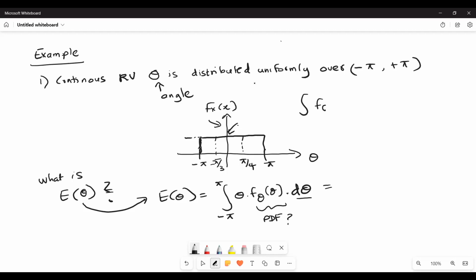I will write this as f_theta(theta). Its integration over d theta should be 1, so the integration should happen from minus pi to plus pi.